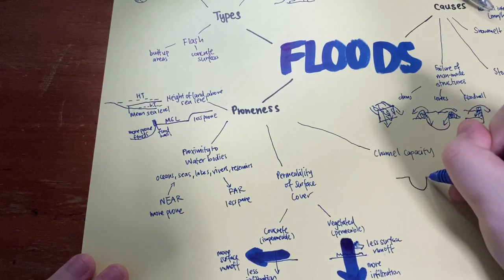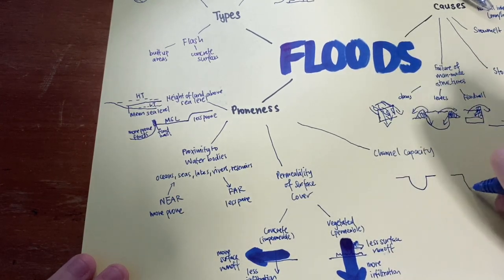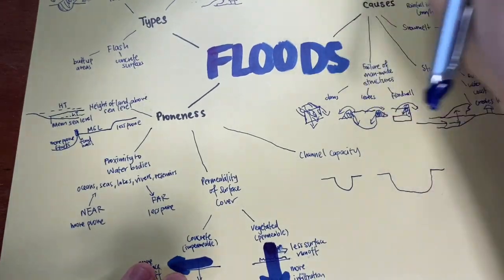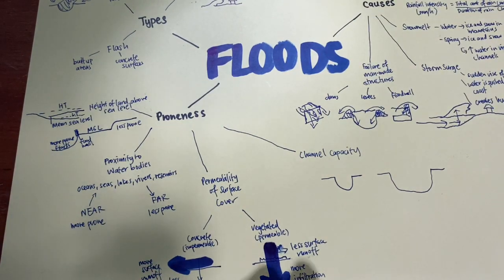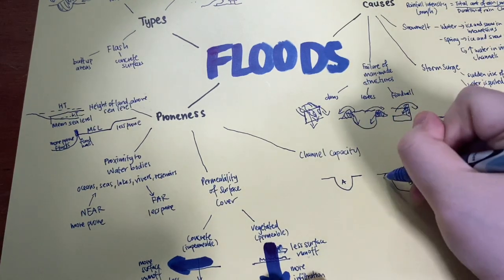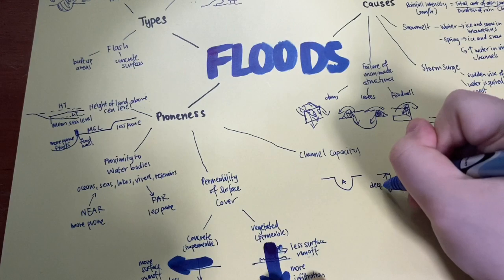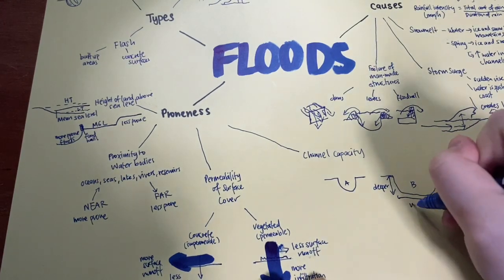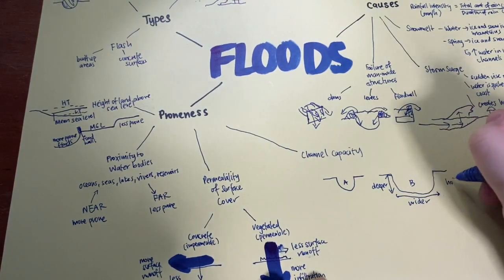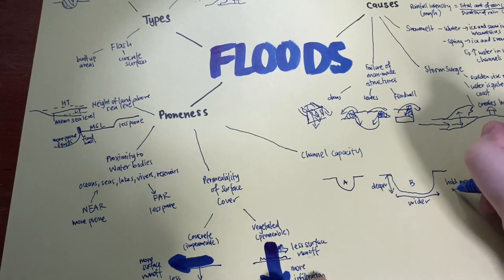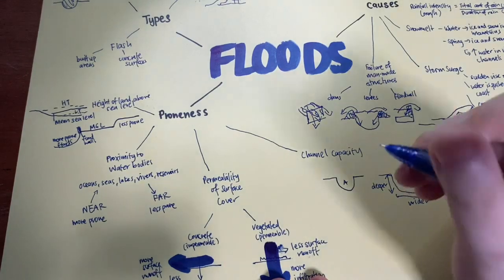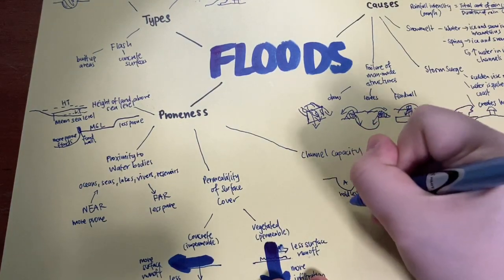So I just give you, this is channel A and this is channel B. Now, just by looking at these two river channels, you can see that channel B is deeper and it is also wider, which means it can hold more. Versus channel A, which is less deep and less wide, it actually holds less water.